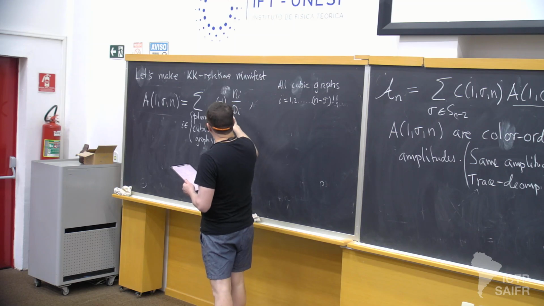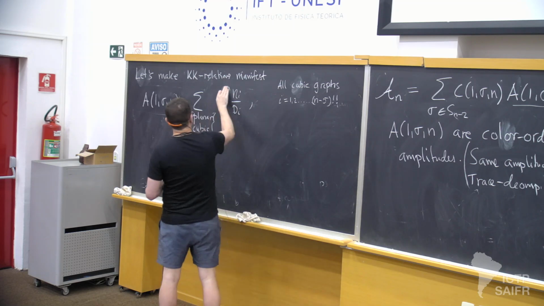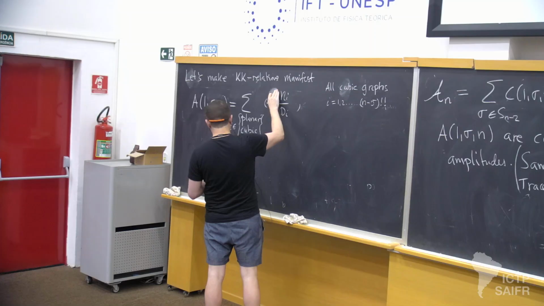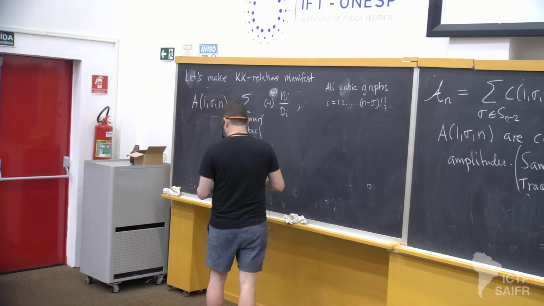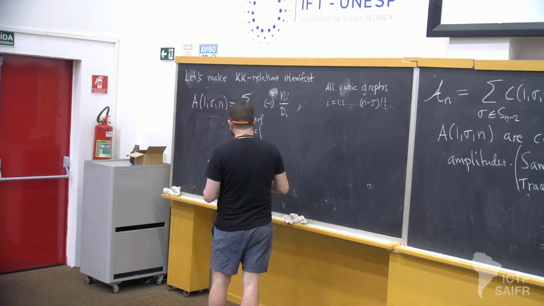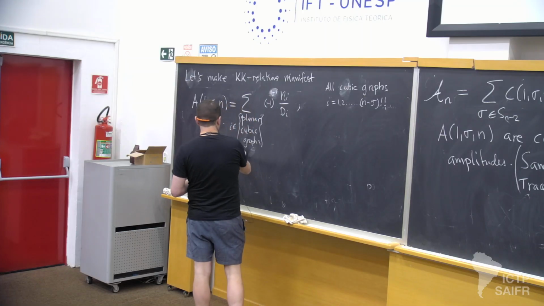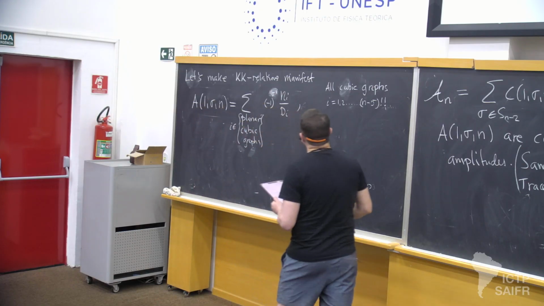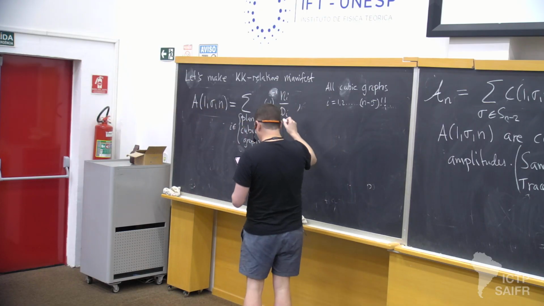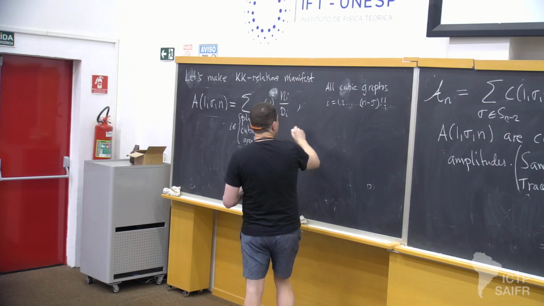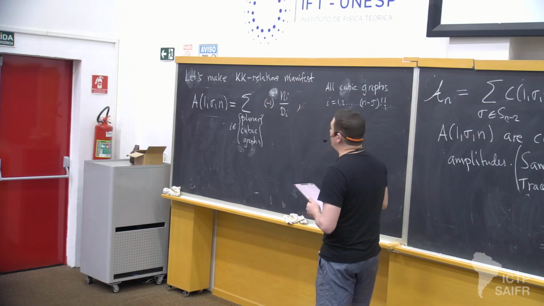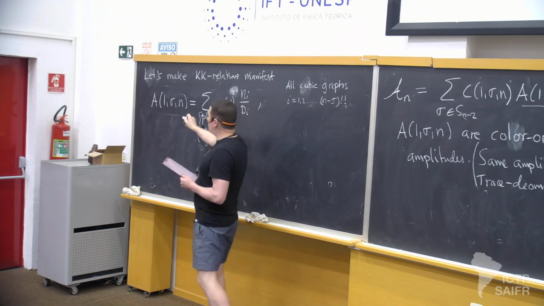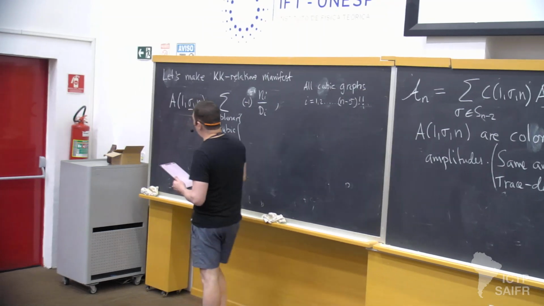This is what I meant to write here. There's some sign here, which depends on the permutation, maybe. Anyhow, I'm being a bit schematic here, but the point is that we have all cubic graphs, and then we need to decide which of them are planar with respect to this ordering sigma.